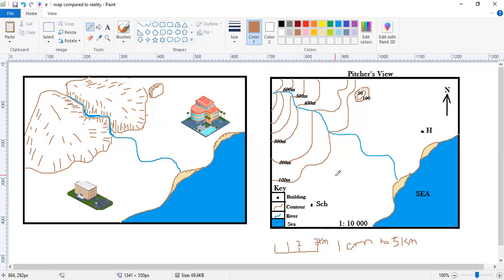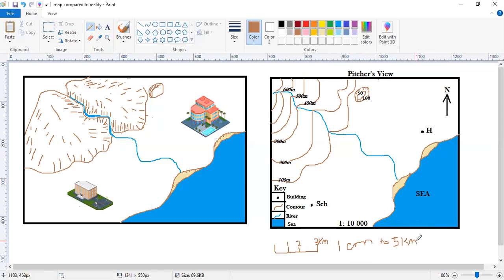Then we can take any distance on the map and we can find the actual distance. So the scale is very, very important. And we can do that for any of the scales.